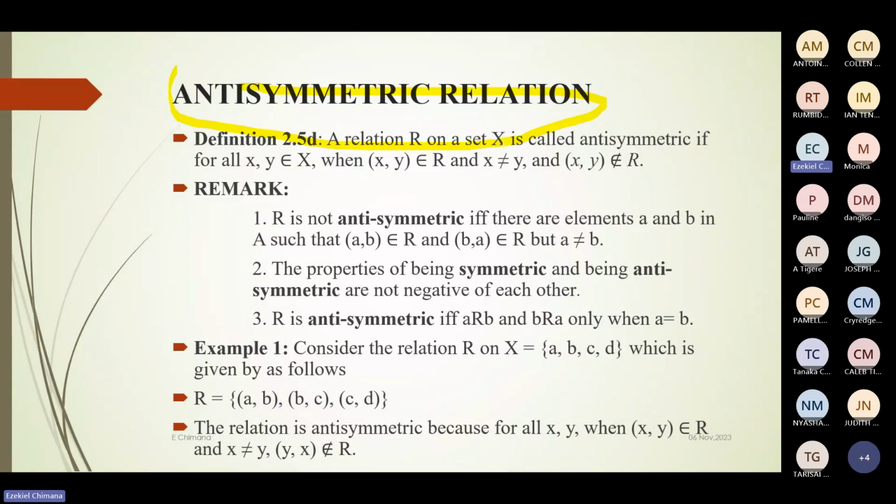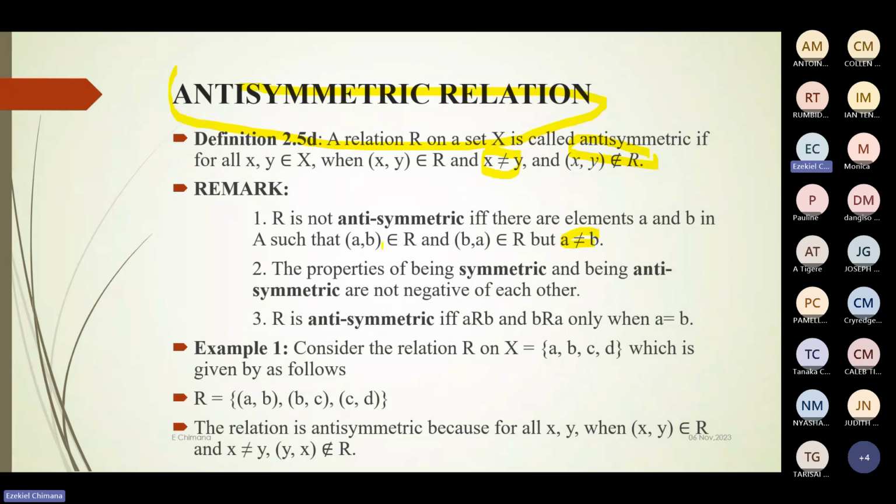A relation R on a set X is called antisymmetric if for all x, y in X, when (x, y) is an element of R and x is not equal to y, then (y, x) is not an element of R. Let me make it simple: R is not antisymmetric if and only if there are elements a and b such that (a, b) is in R, (b, a) is in R, but a is not equal to b.